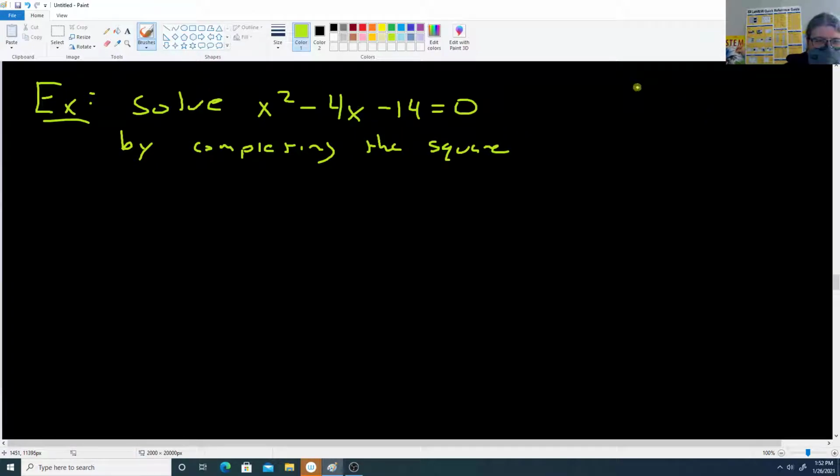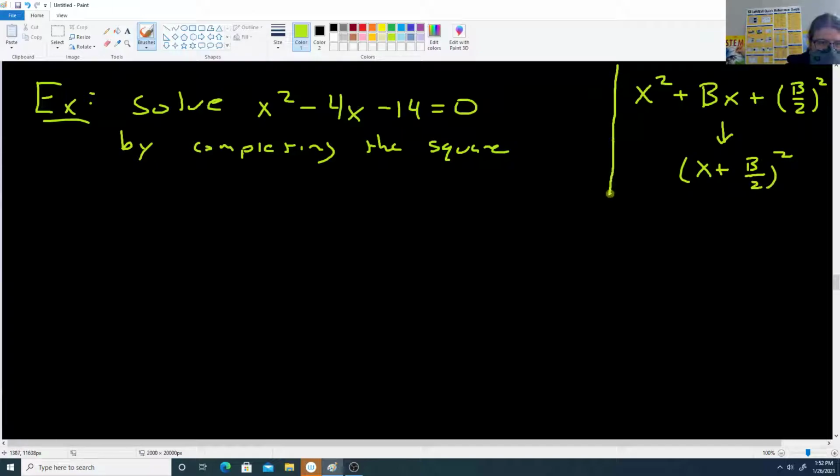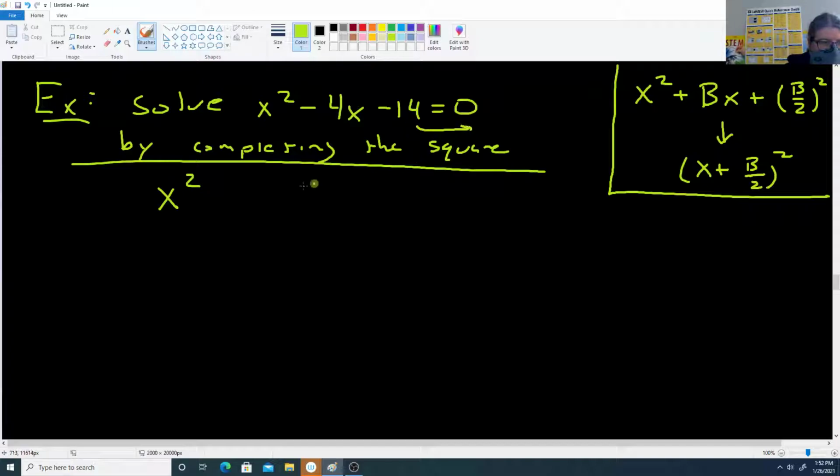For completing the square, we need to use the completing the square equation, which we're writing up here. So our goal is to take this left-hand side and match it up term by term with the top part here. The negative 14 we're going to slide across.